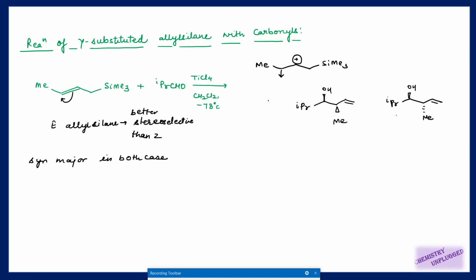Then this involves a different type of transition state, where we first have to draw this double bond, this pi bond, and Me will be placed, suppose, like this. On this carbon we have one hydrogen, it will go like this, and on this allylic carbon we have the trimethylsilyl group.